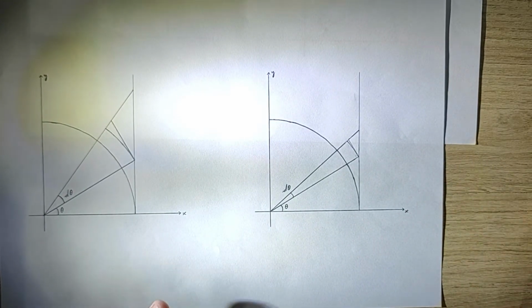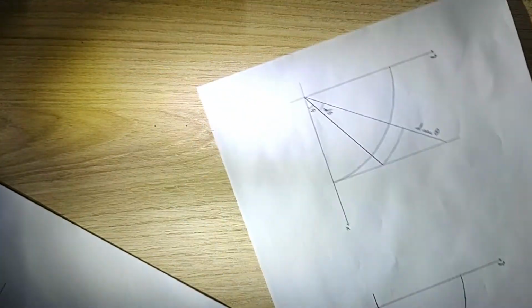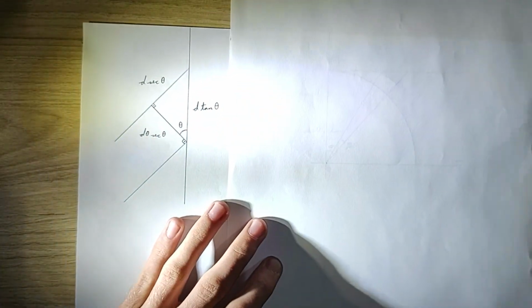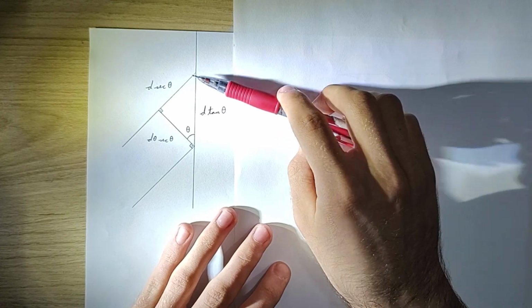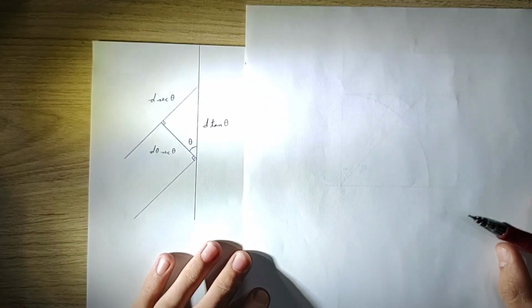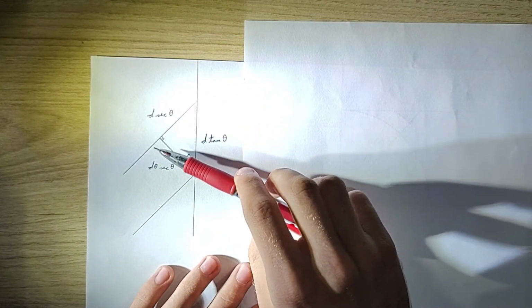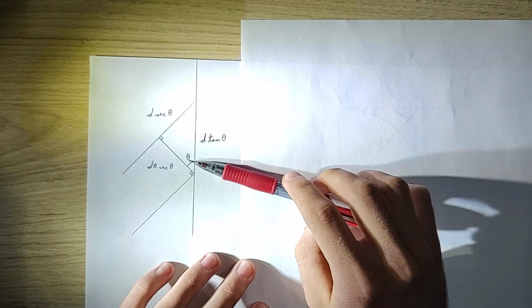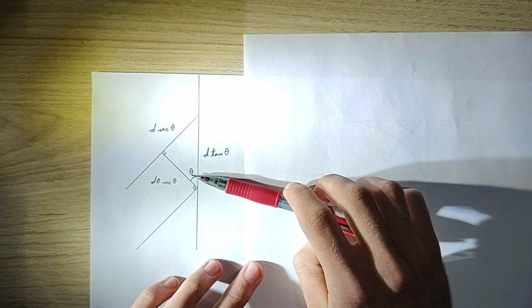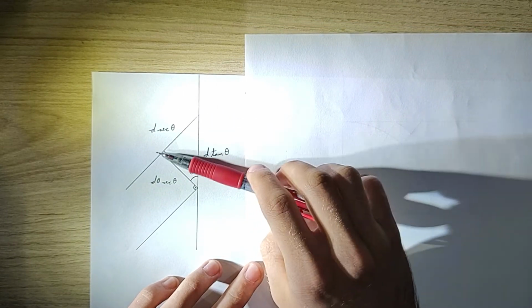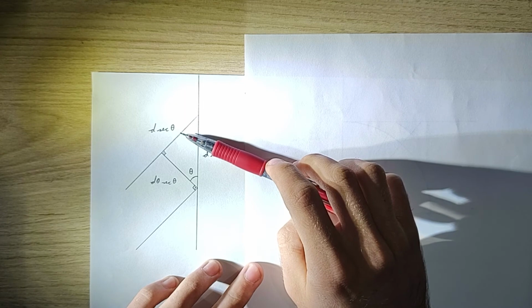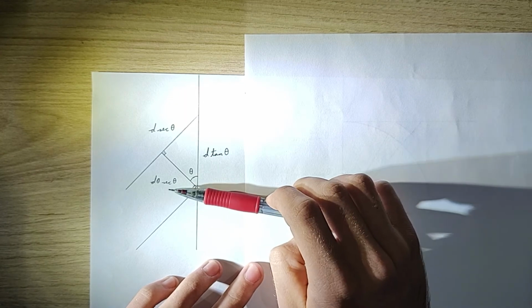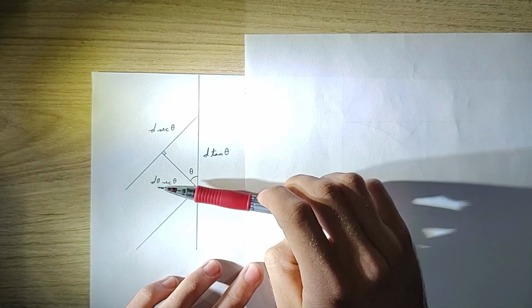So after that, we can consider this side of our triangle to be d secant of theta. And now it's easy to finish things off. We need to look at the tangent of theta, because that will relate the opposite side, where d secant of theta is, with the adjacent side, where d theta lies.